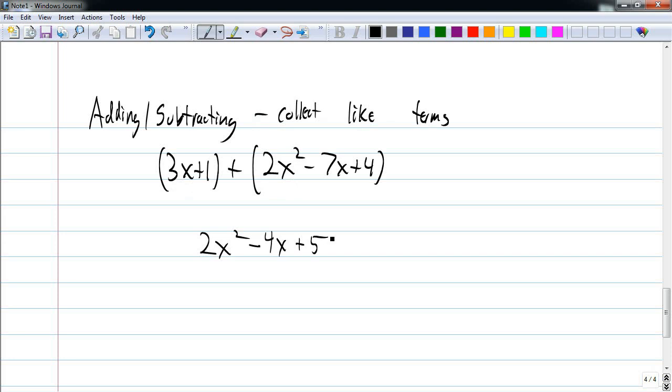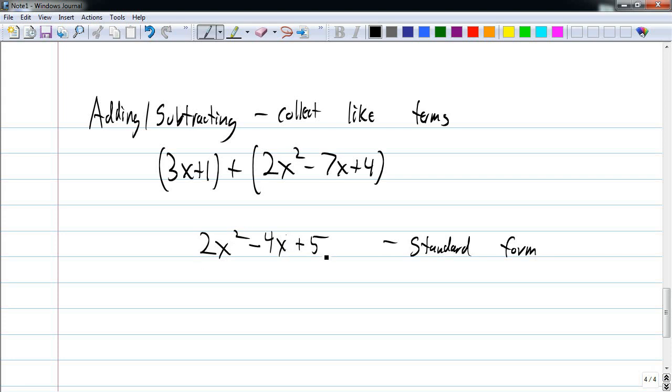By the way, this is what we call standard form. Essentially, I write the term with the largest exponent first, and then I let them count down after that. So x to the second, x to the first, no x.